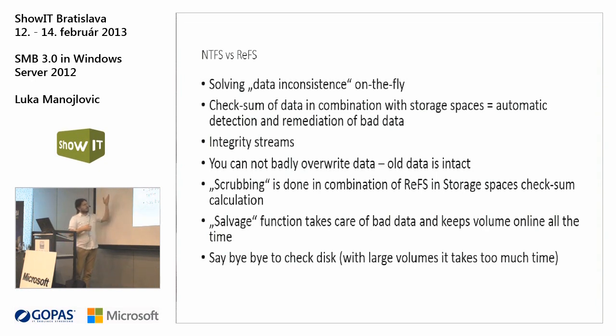You have a lot of these features that are coming, like scrubbing in combination with storage spaces, checksum calculation of your data. So it's really difficult to have your volume corrupt or your data corrupt by using this. Say bye-bye to check disk with large volumes, it would take too much time.